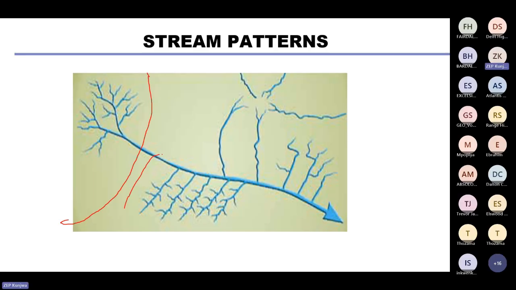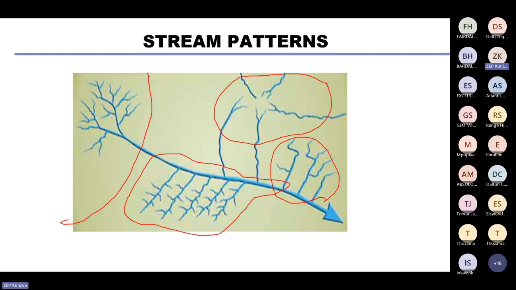Can you all see the highlight I'm making? Yes, Mr. Control. Okay. And then that one is another one there. So can you see? I am identifying them. They're mixed up, but I'm able to identify them because these are shapes. So these are your stream patterns in this diagram here. So let us look at them as individuals now.